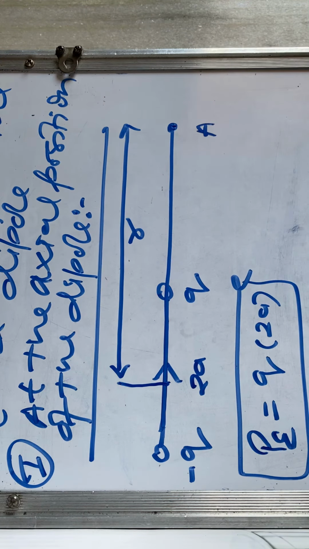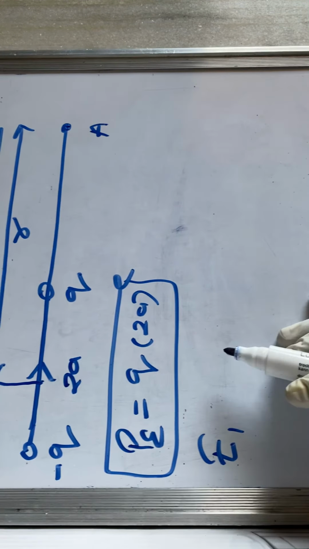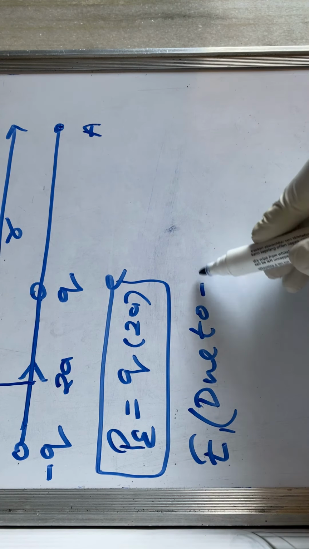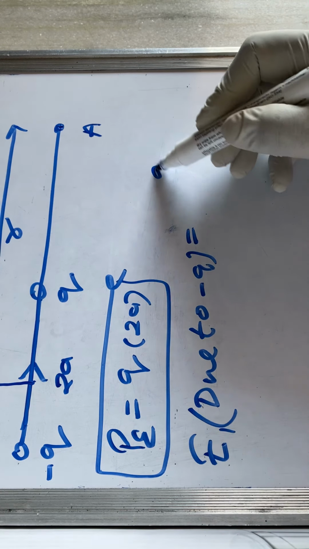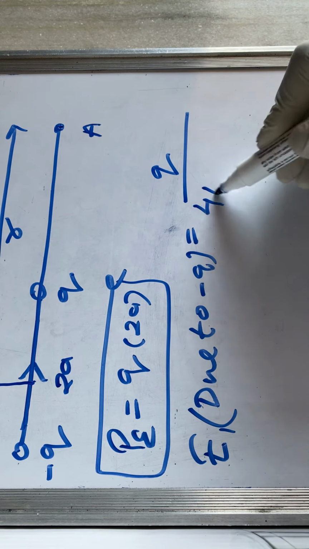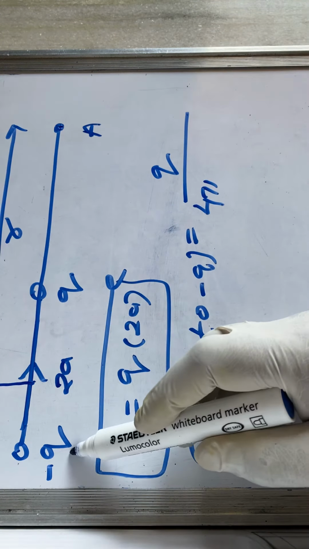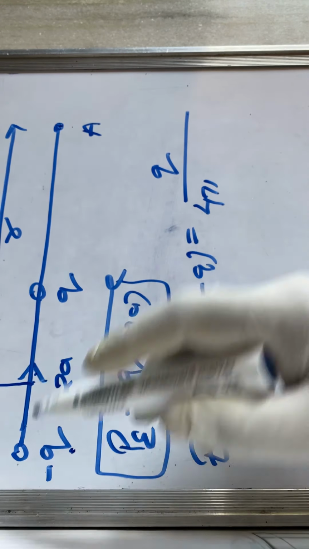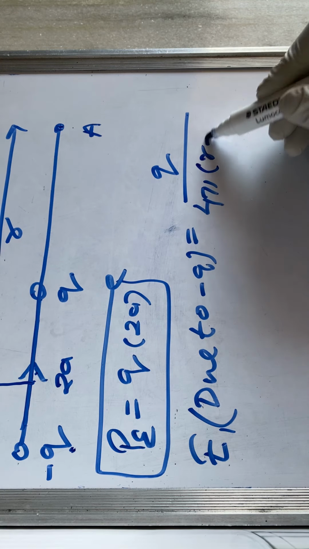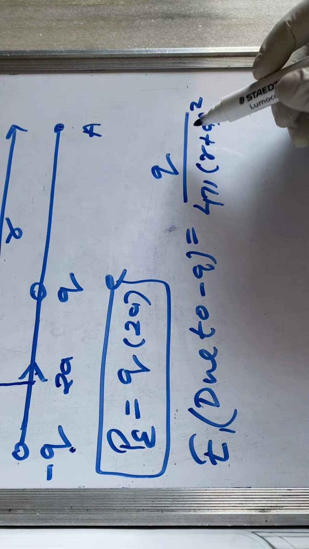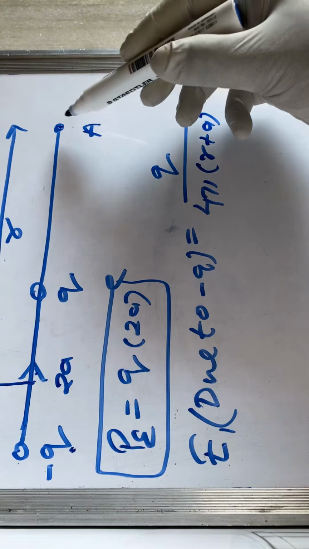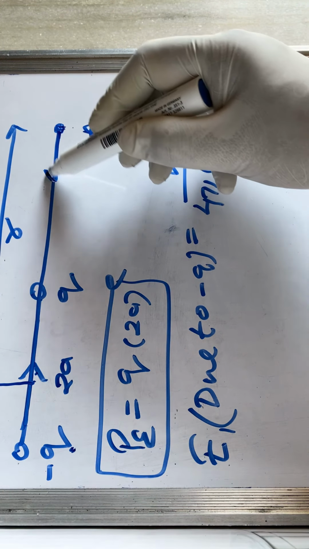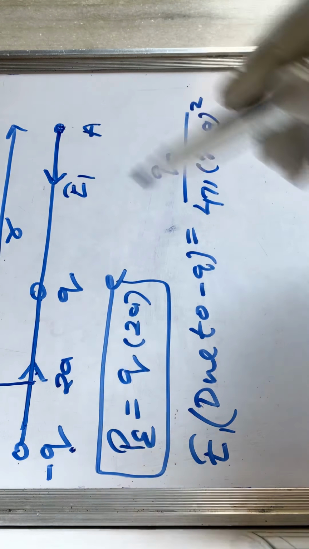The electric field due to minus q will be q upon 4 pi epsilon naught, and the distance from minus q to point A will be r plus a, whole square. If you place a test charge, it will be attracted by the minus q, so the direction will be towards it. This is E1.